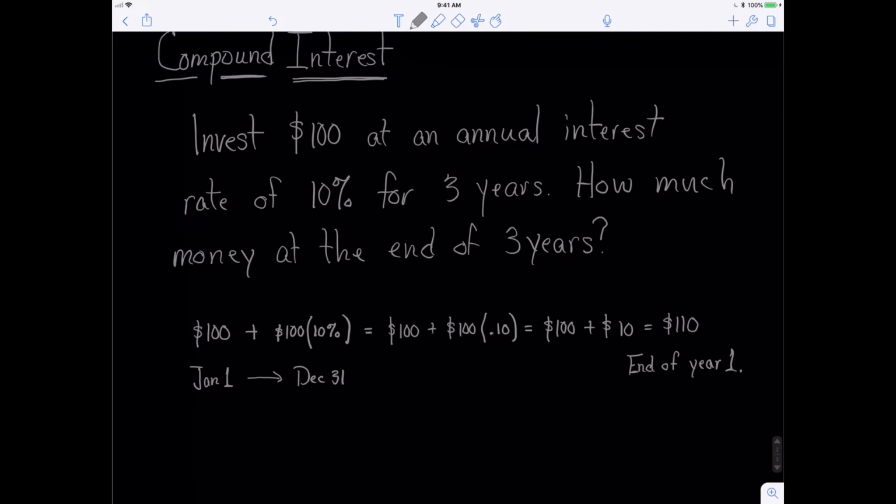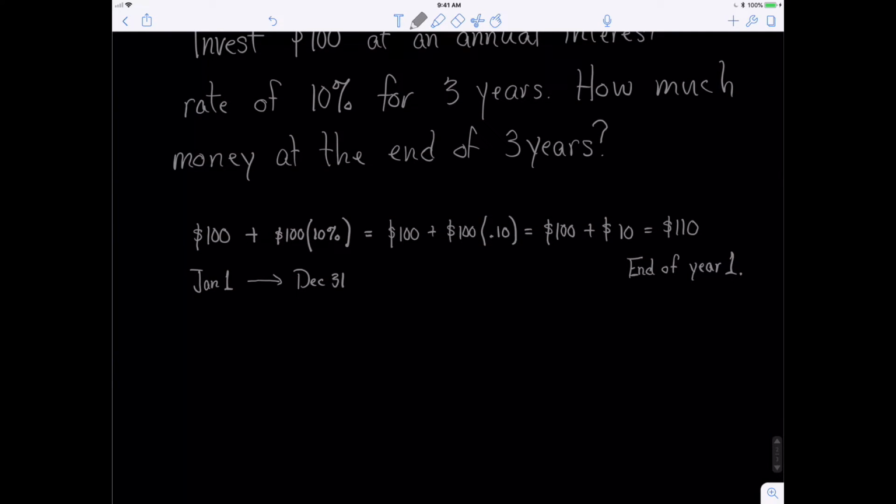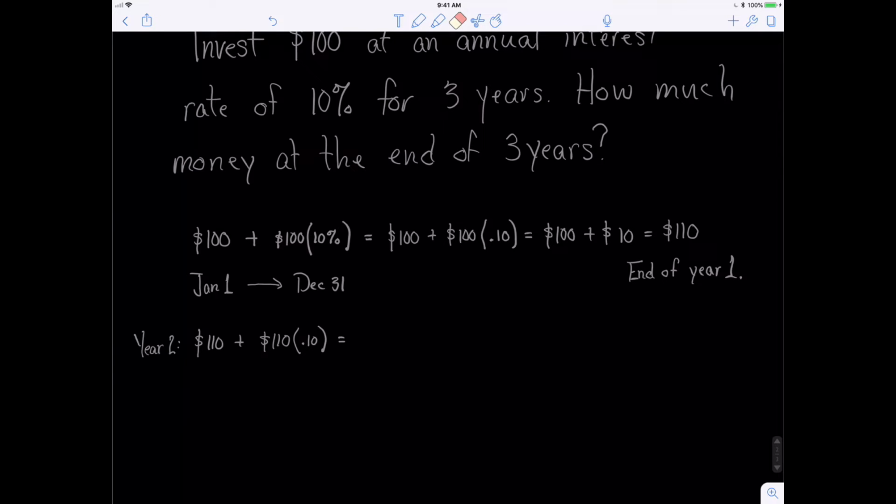Now, remember, look at what happens here. We begin year 2, but we haven't touched the money. So there's now $110 in the account. And I'm going to leave it again all the way through the year to December 31st. And at the end of the year, they're going to pay me 10% of my $110. So, oops, I should write this to be consistent, we'll write this as 10%.